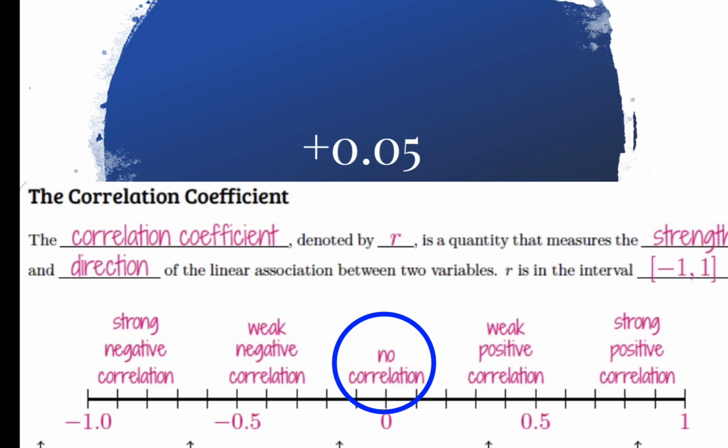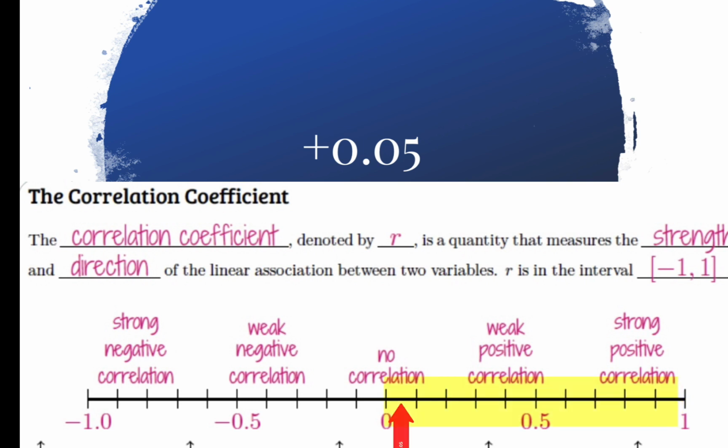Very weak because it's so far away from 1.0 but so close to 0. We would have to go to 0.05, halfway to 0.1. Then 0.2, 0.3, 0.4, 0.5, you're halfway. This is 0.5, this is 0.05 on the number line. 0.6, 0.7, 0.8, 0.9, and then 1. So very weak positive.